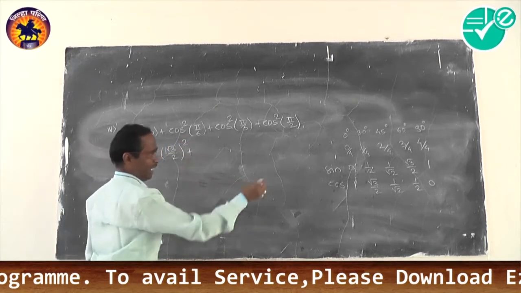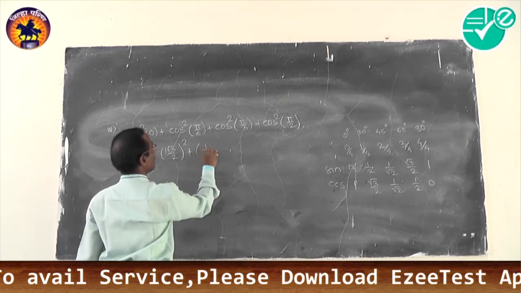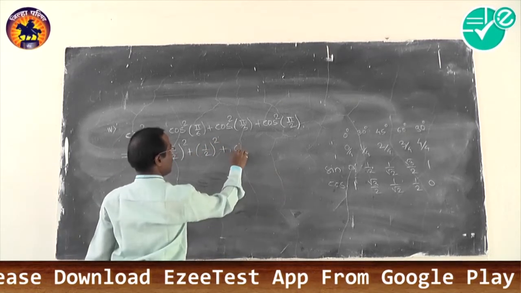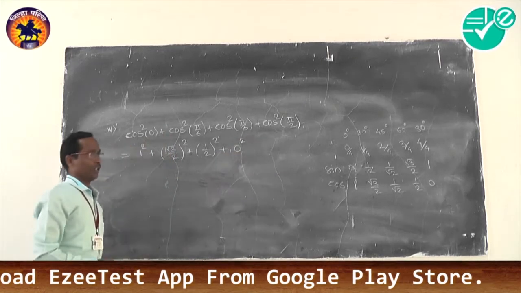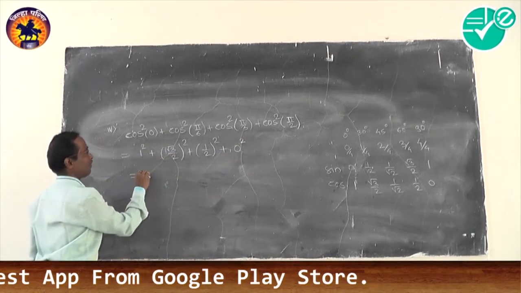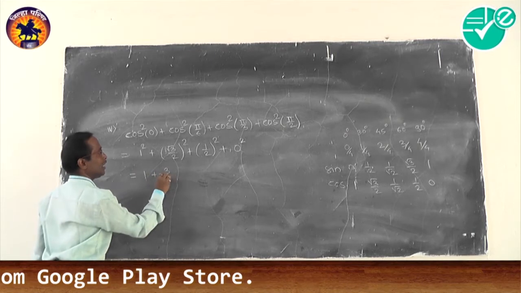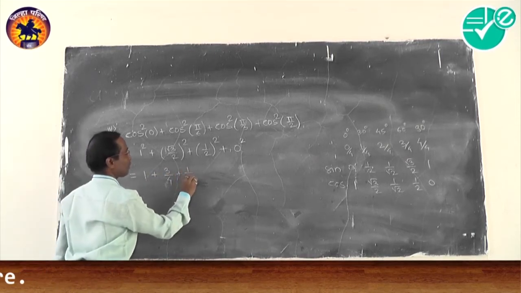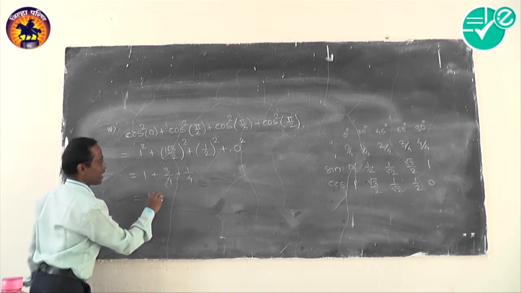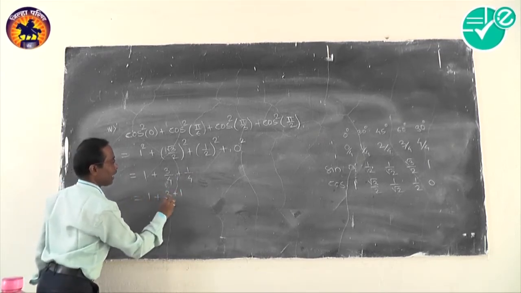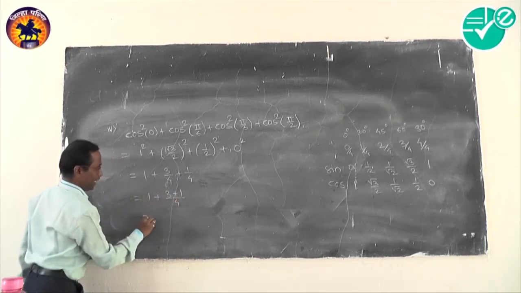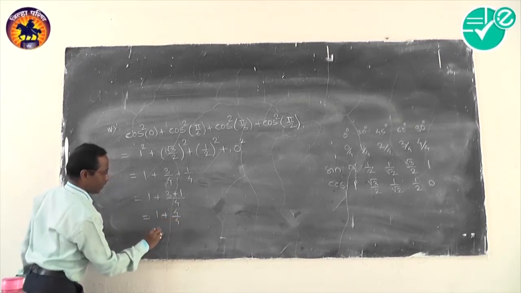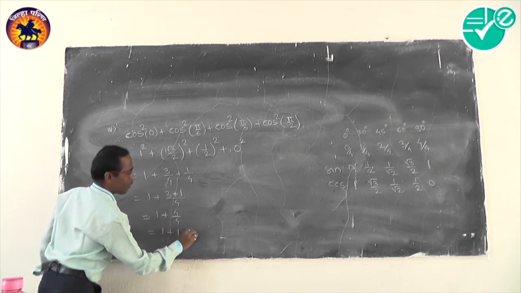Cos 60 degree is 1 by 2 squared and cos 90 degree is 0 squared. So this can be written as 1 plus 3 by 4 plus 1 by 4. So we get 1 plus 3 plus 1 upon 4, which is 1 plus 4 by 4. We get 1 plus 1 becomes 2.